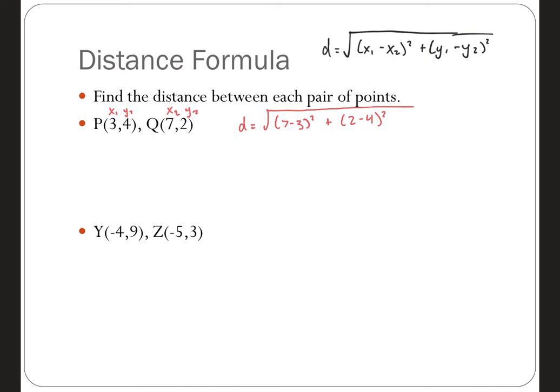And then you just simplify. 7 minus 3 is 4 squared plus negative 2 squared. 4 squared is 16 plus 4. Don't forget about your signs. Remember, a negative number squared is a positive number because a negative 2 times negative 2 is a positive, which means we have the square root of 20 as our distance.